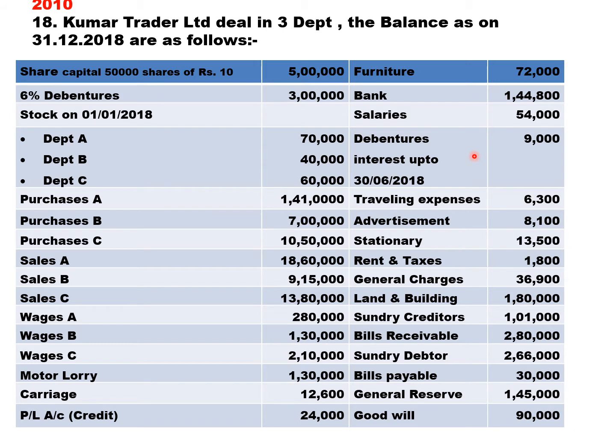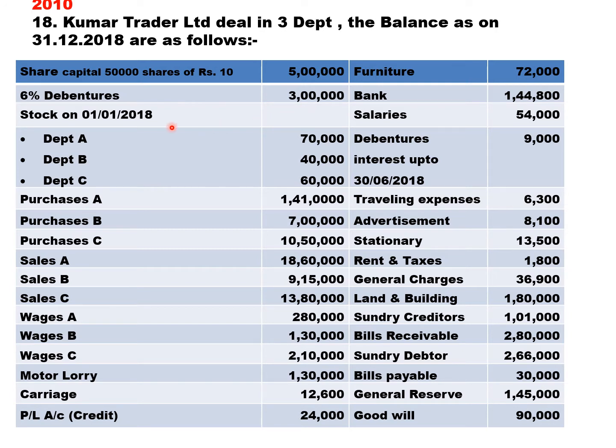Debenture interest up to June 2018, 9,000. So students, listen carefully. Only 9,000 interest is paid, but the full interest comes to more. The second item given in the trial balance is 6% debentures of rupees 3 lakh.